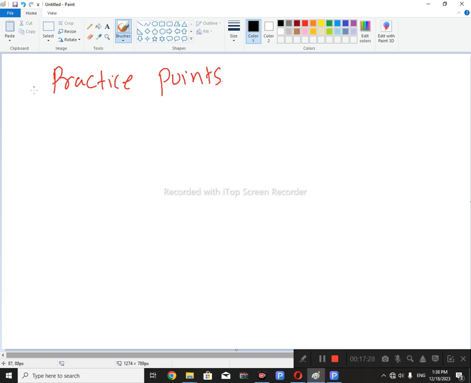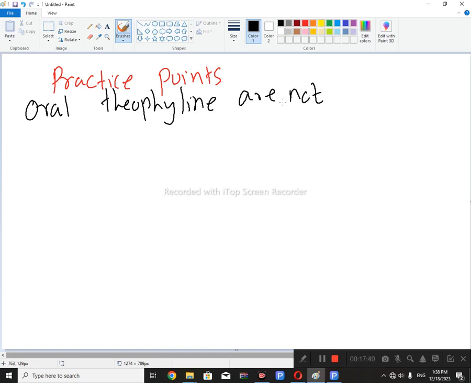Oral theophyllines are not for management of acute asthma.